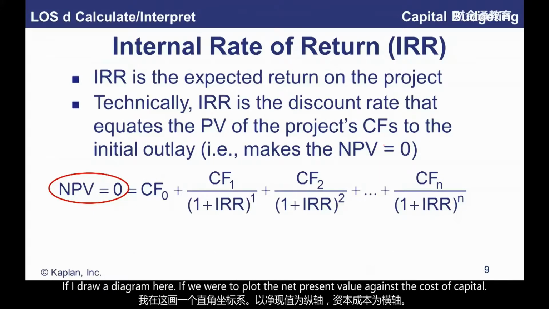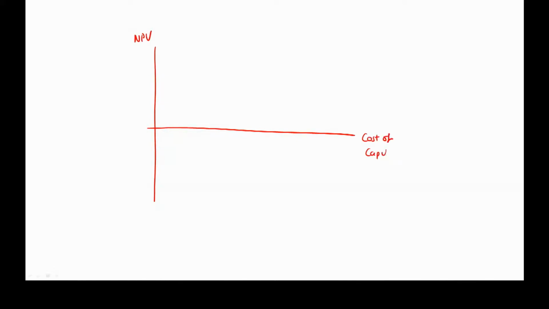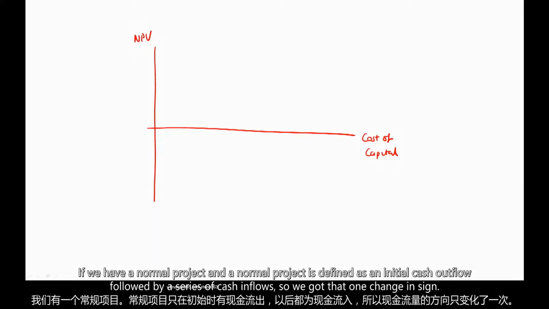If I draw a diagram here, if we were to plot the net present value against the cost of capital, if we have a normal project, and a normal project is defined as an initial cash outflow followed by a series of cash inflows. So we've only got that one change in sign.